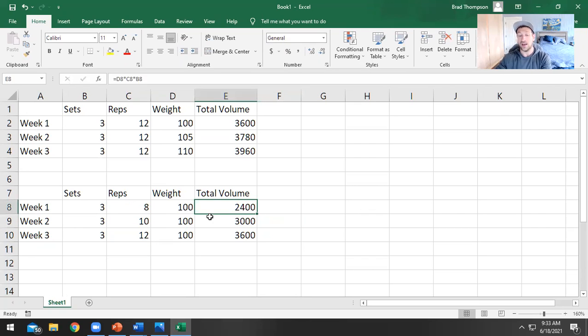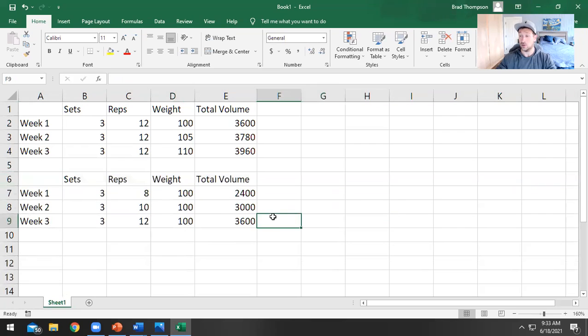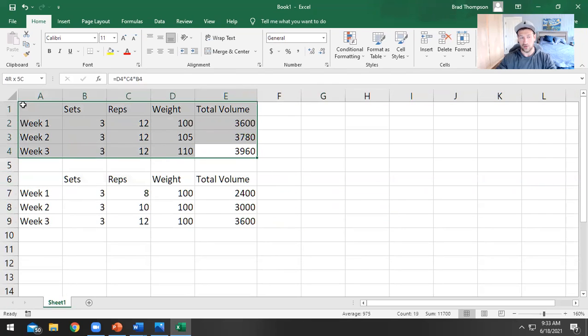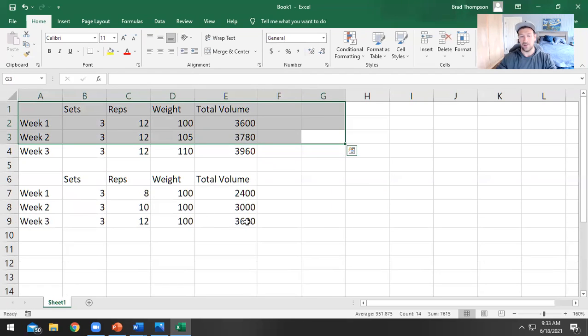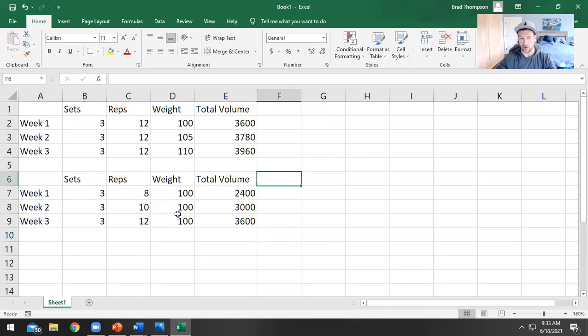Now I still see an increase in training volume: 2,400 up to 3,000 up to 3,600. That's also progressive overload. I didn't have to raise the weight, I raised the reps. So if my goal is to gain strength, this is probably my best way to overload. And if my goal is to gain endurance, this is probably the best way to overload.